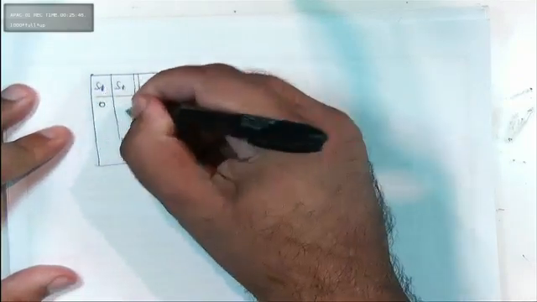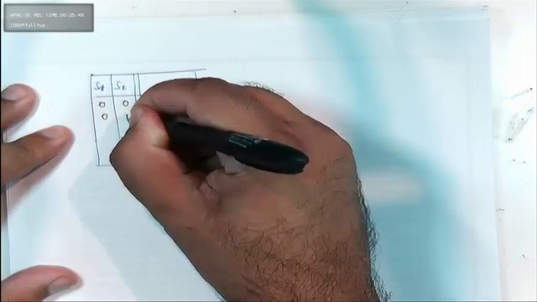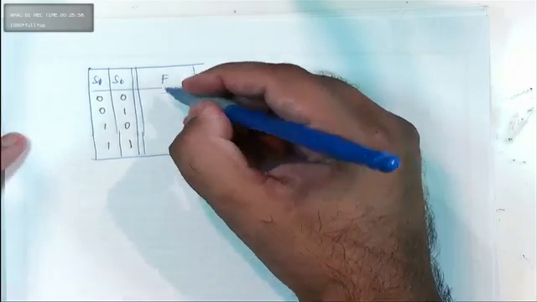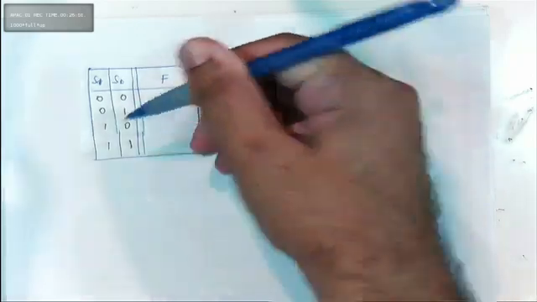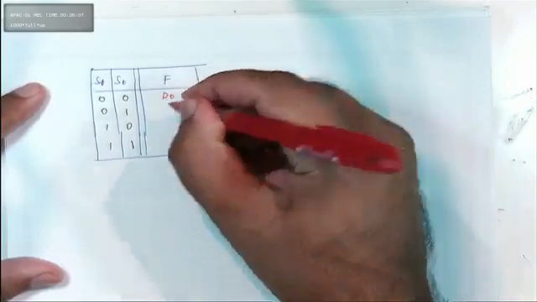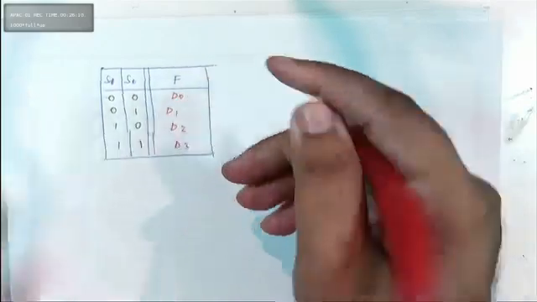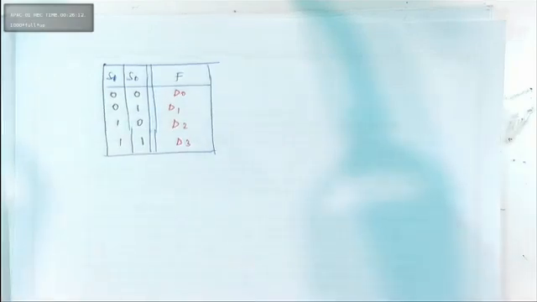Now, let's look at this. When both are 0, 0, 0, 0, 1, 1, 0, 1, 1. When both are 0, what do we get? Our output is equal to D0, D1, D2, D3. That's one way of visualizing this.